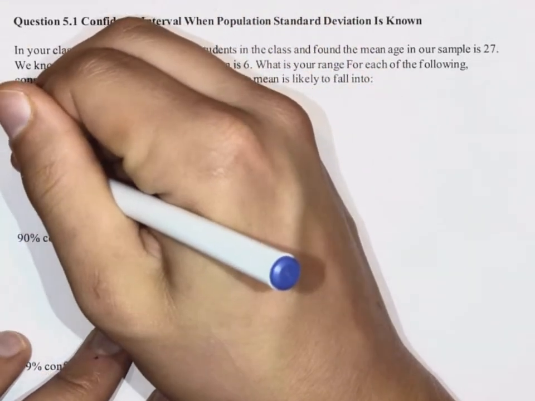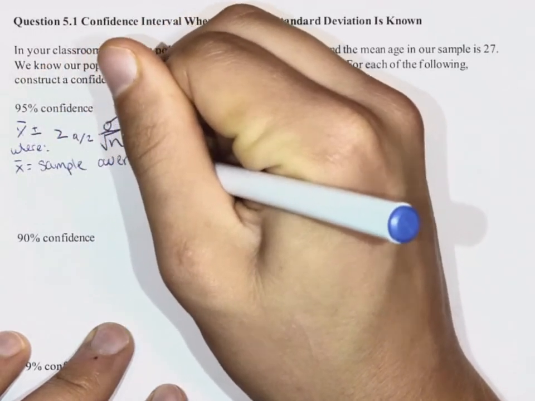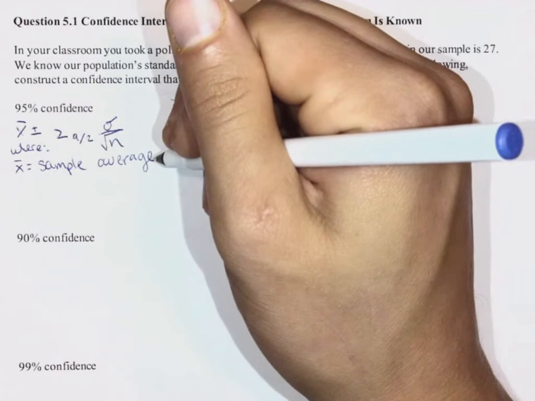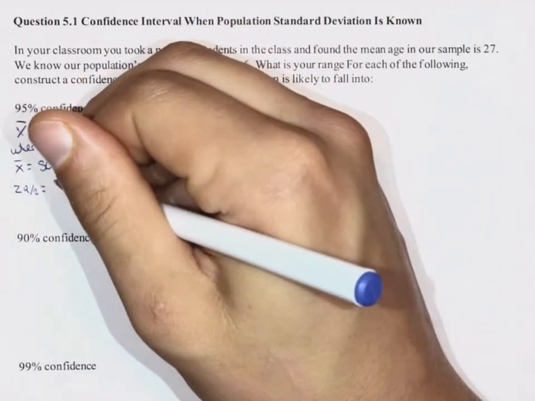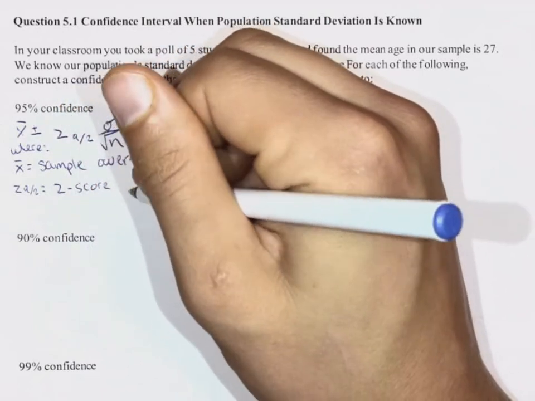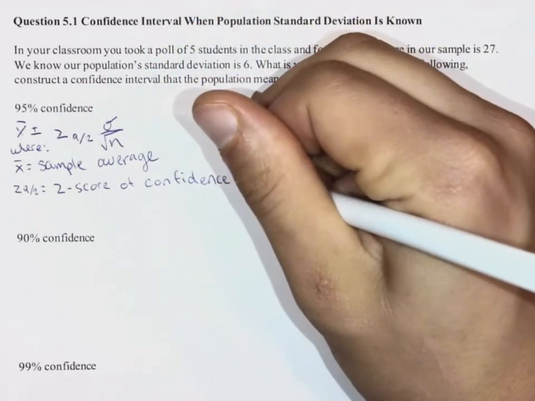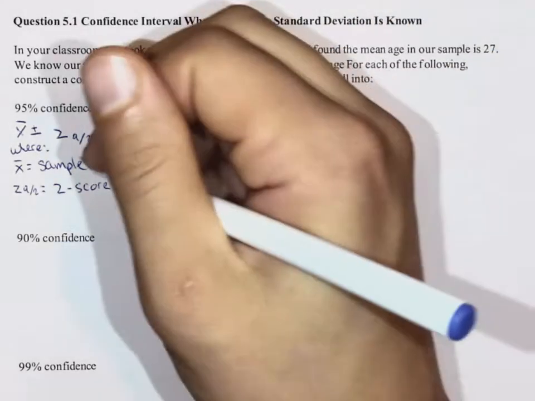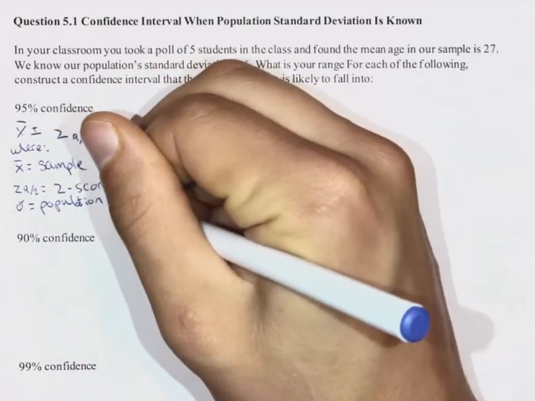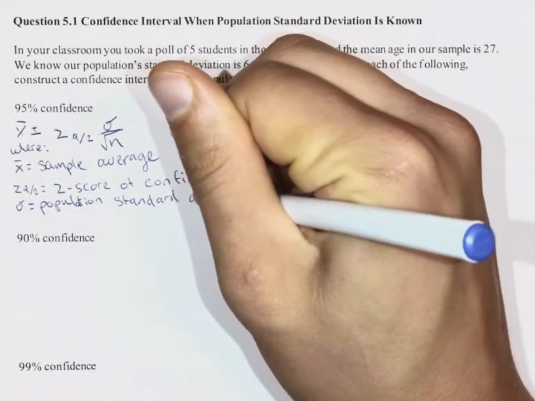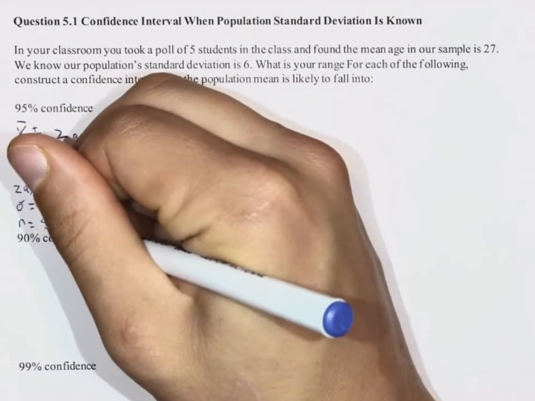So here, our x bar is equal to the sample average, Z alpha divided by 2 is equal to the z-score of the confidence interval, this is the population standard deviation and our sample size.